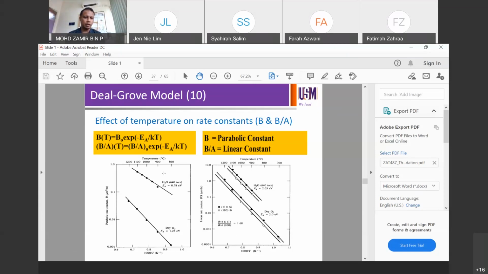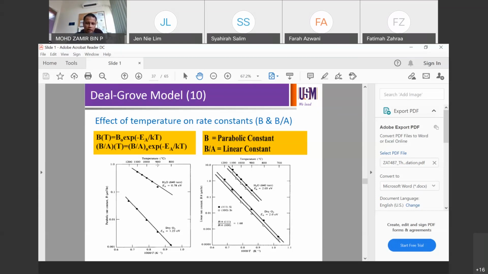Which one will give you higher parabolic constant at 900 degrees C? Is it wet ox or dry ox? Look at the graph at the bottom left, 900 degrees C. So 900 degrees C is here.